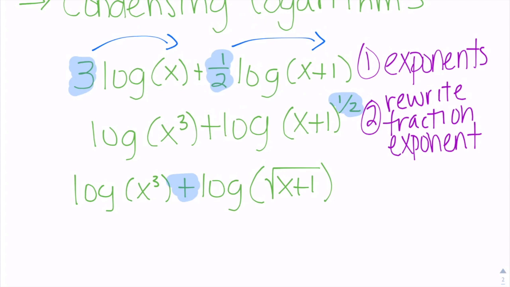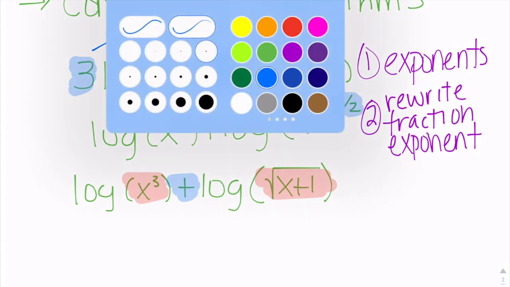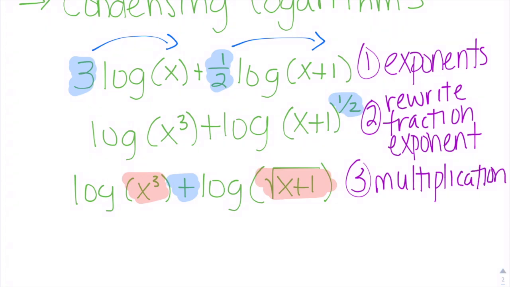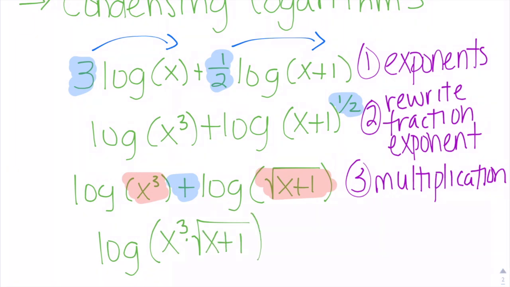And according to our first law, when you have addition, it's becoming from multiplication. So we need to take this and we're going to multiply our two arguments together inside of a single logarithm. So the third step here, we're going to deal with the multiplication. And so this is going to become log of x cubed times the square root of x plus 1. And this right here is our final answer.